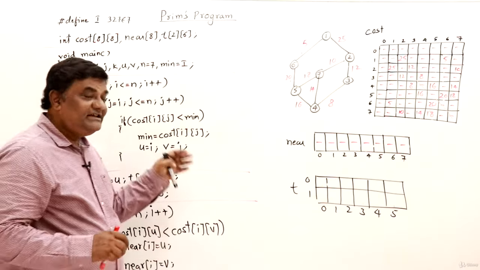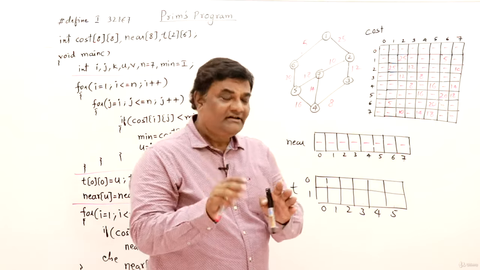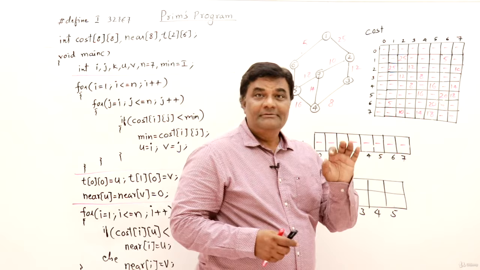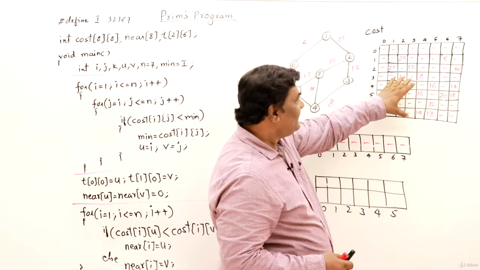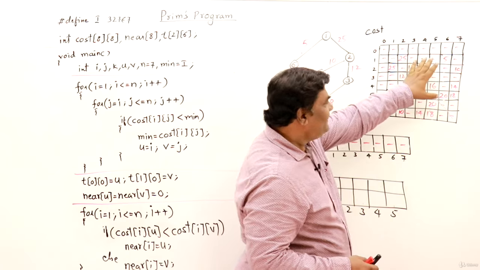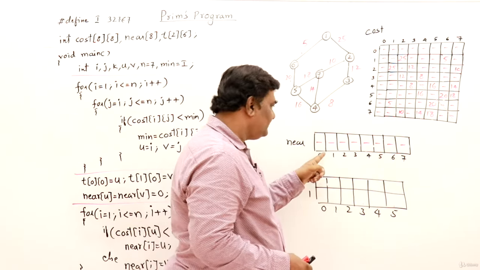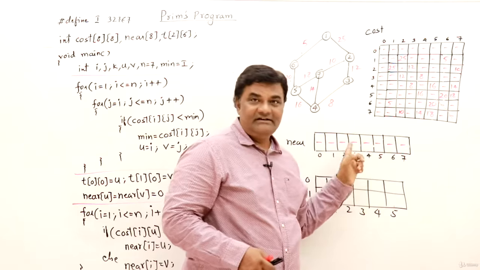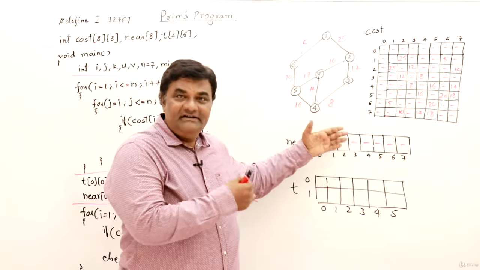So here I have written the initial steps. In Prim's algorithm there were initial steps. What we did was find the minimum cost edge first, from the upper triangular part, right? And we included that edge here. And we mark that edge as 0 here, right? For 1 and 6 we mark that as 0. And then we updated the near array.